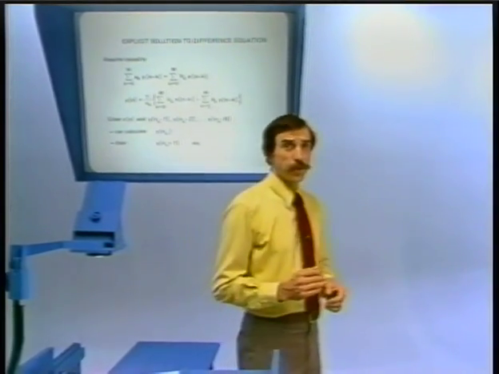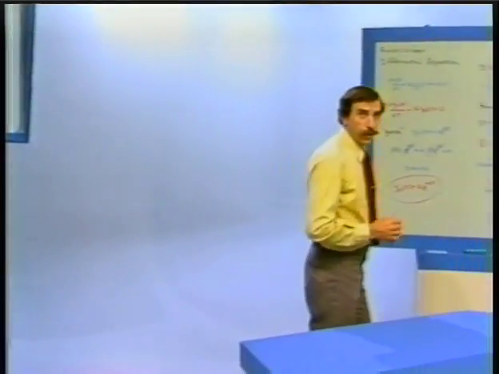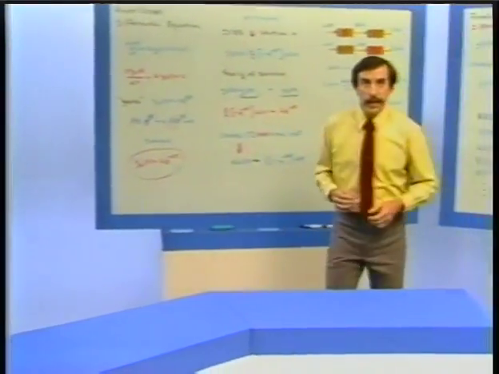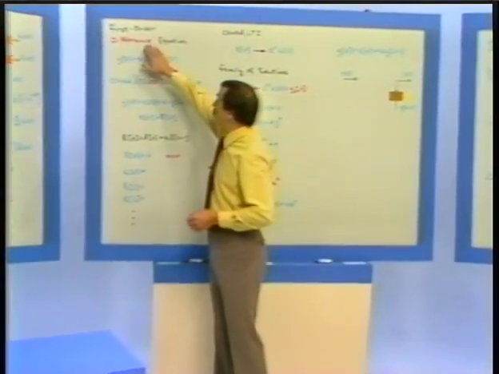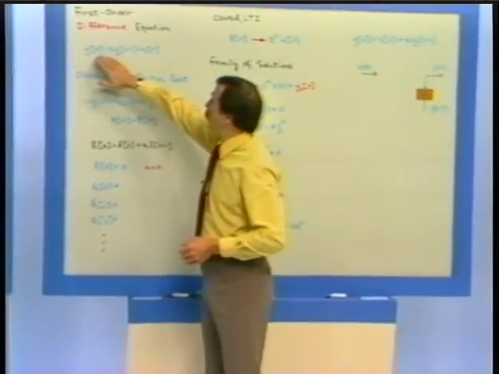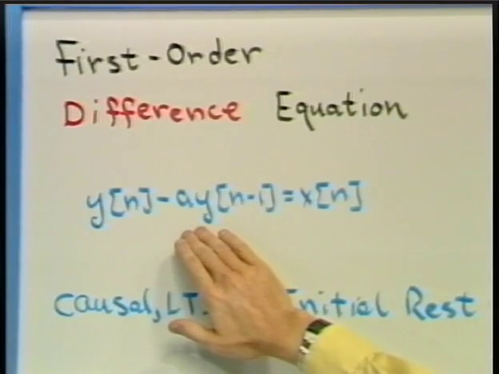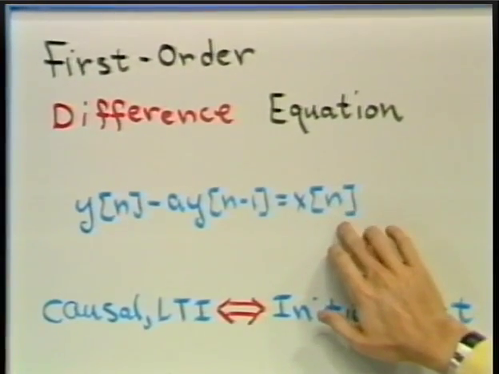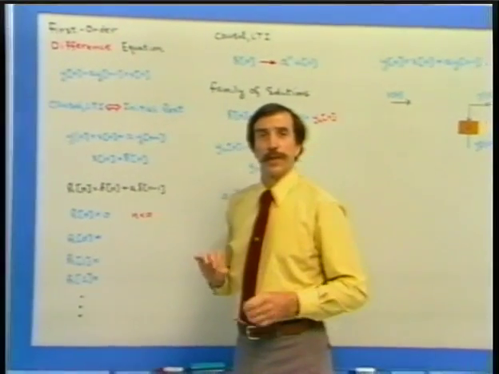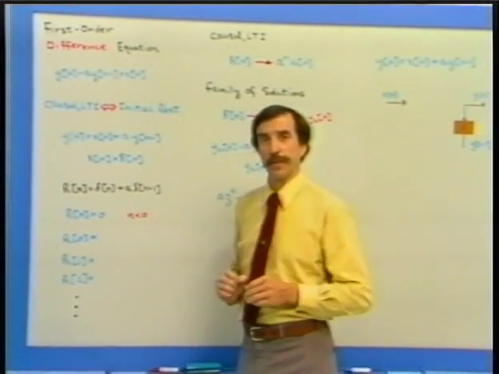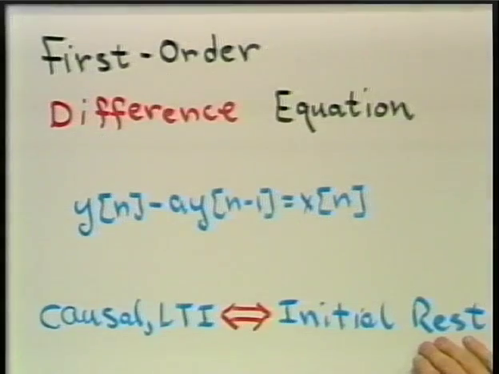Well, let's look at this specifically in the context of a first-order difference equation. So let's take a first-order difference equation, as I've indicated here. And so we have an equation that tells us that y of n minus a times y of n minus 1 is equal to x of n. Now, if we want this to correspond to a causal linear time invariant system, we impose initial rest on it.